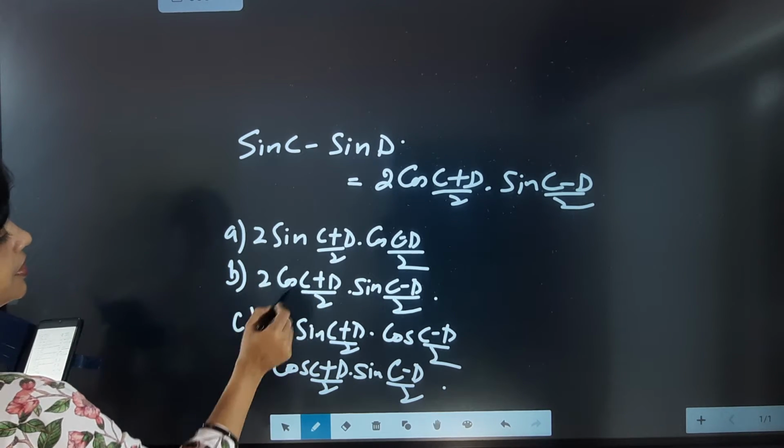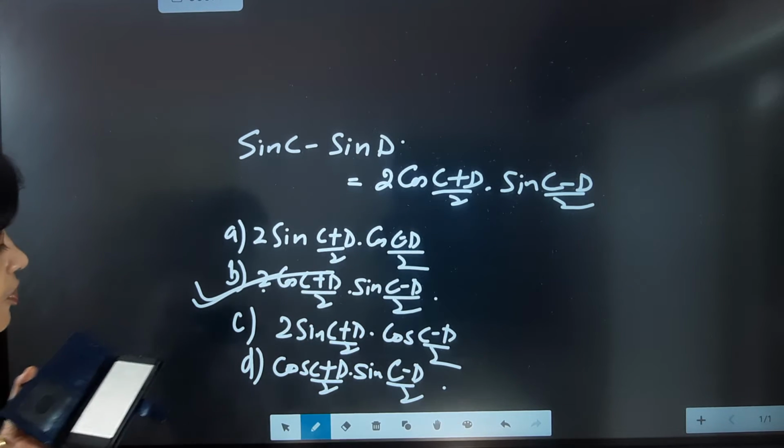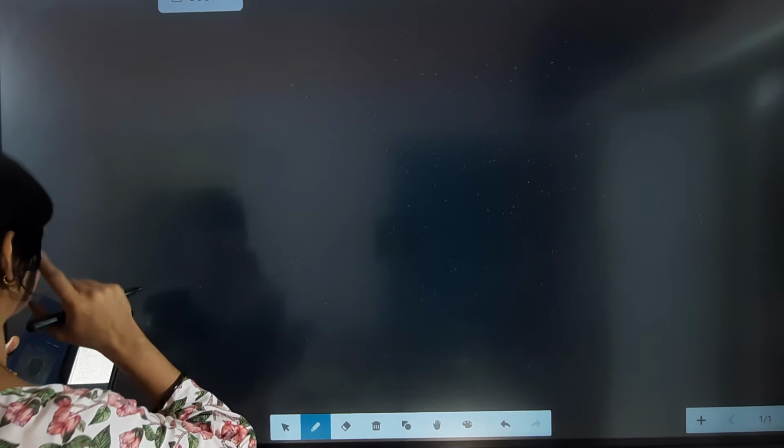So the correct answer will be 2 cos((C plus D)/2) into sin((C minus D)/2), which matches the formula. So that is the answer for question number 29.